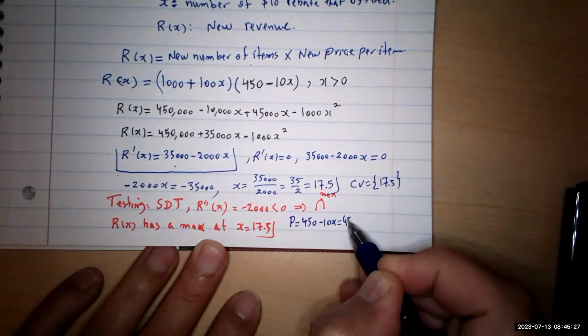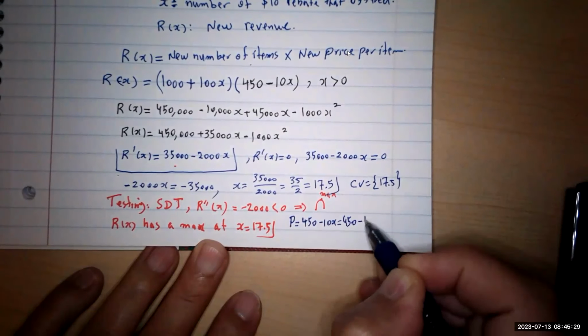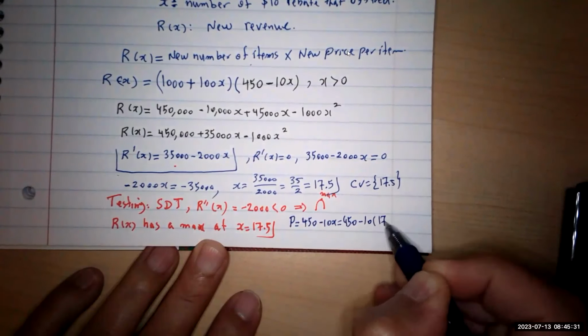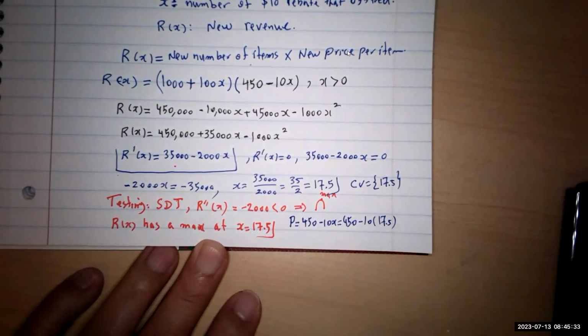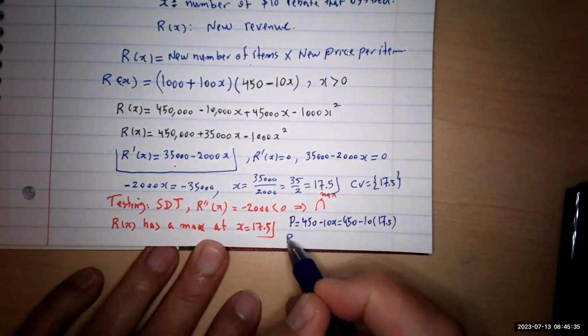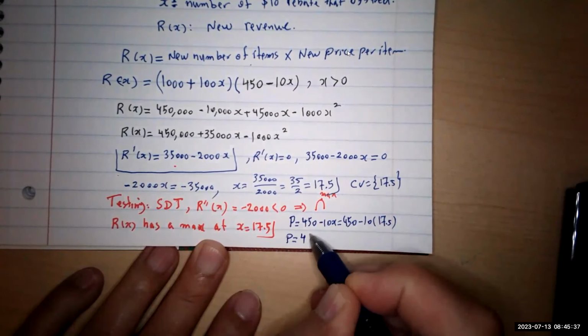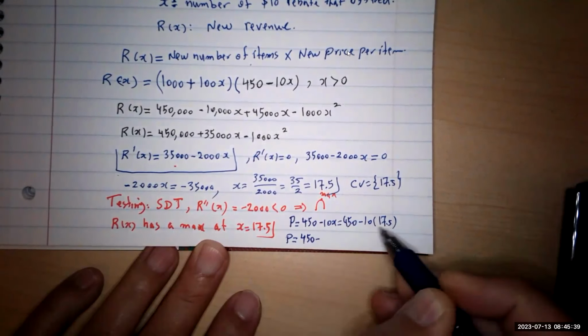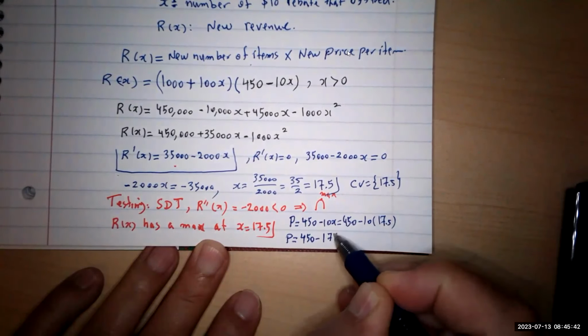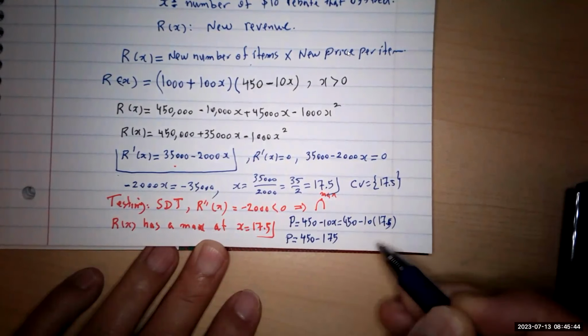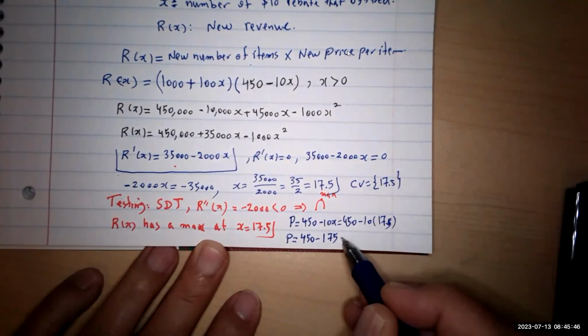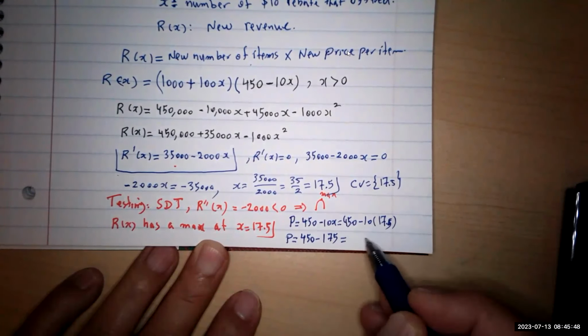So it's going to be 450 minus 10 times 17.5. So the price in dollars is going to be 450 minus 175.